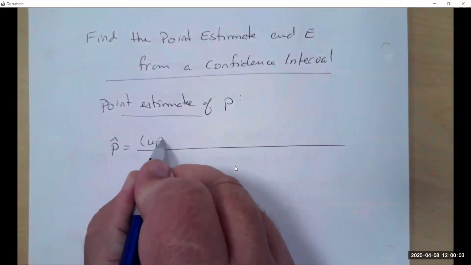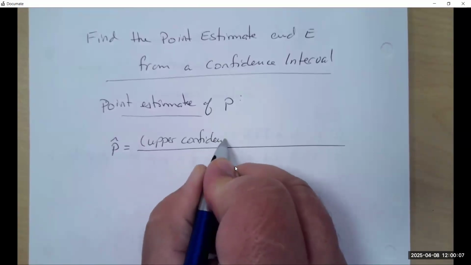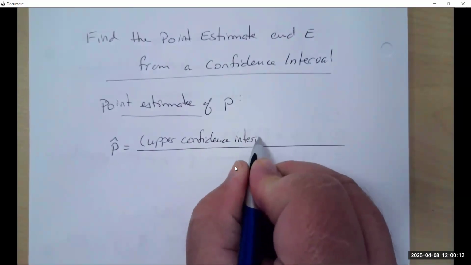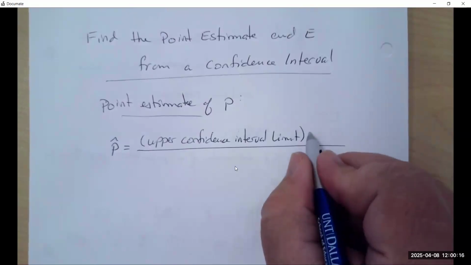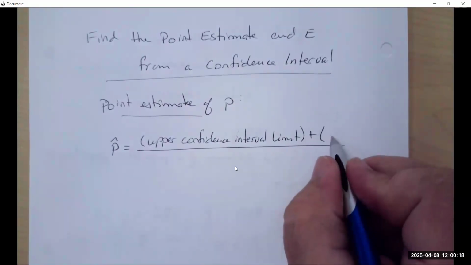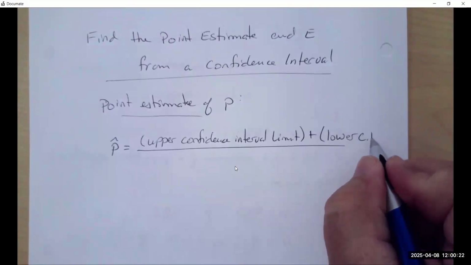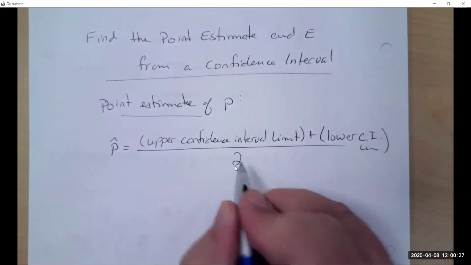P hat is equal to, it's a formula, the upper confidence interval limit plus the lower confidence interval limit, all divided by 2.